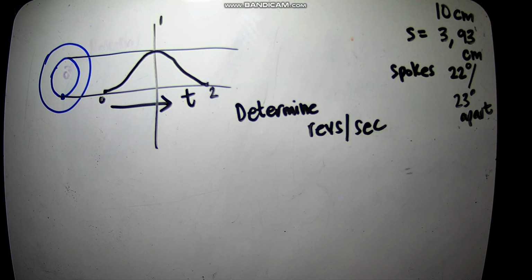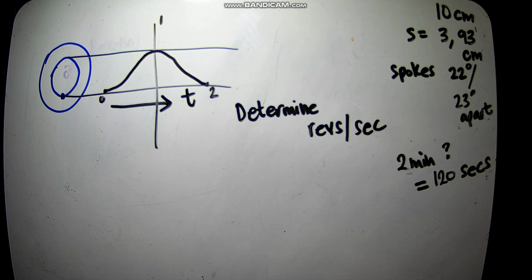So now the question says determine the revs per second of this point. That will be the valve on the wheel. Determine in revs per second. So remember, it does a whole revolution in 2 minutes. So 2 minutes is equal to how many seconds? There are 60 seconds in 1 minute, so 2 minutes would be 120 seconds.